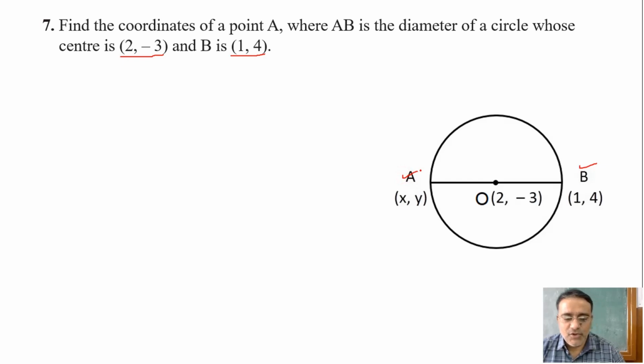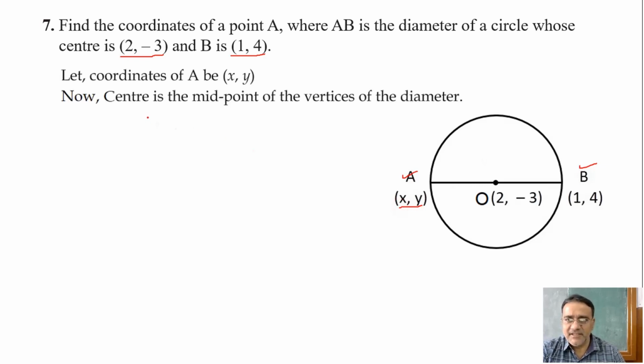Okay, so we know that center is the midpoint of the diameter. Let the coordinates of A be (x, y) first, and we will write center is the midpoint of the diameter. So O is the midpoint of AB.